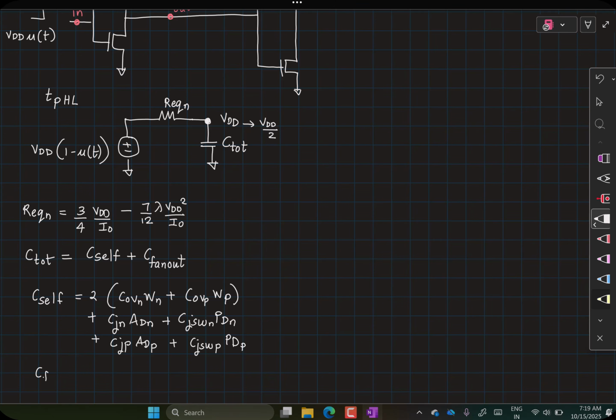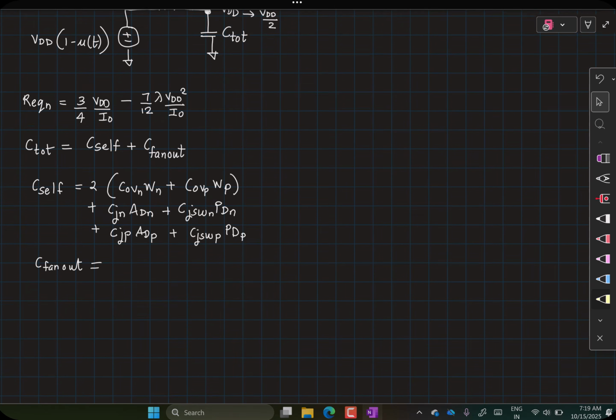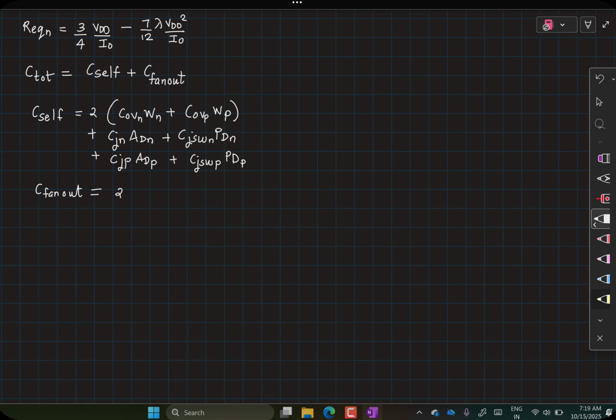The fan out capacitance is given by 2 times the overlap capacitance times the width of the NMOS transistor plus the gate to channel capacitance of the NMOS transistor given by COX WN into LN, plus the same thing for the PMOS transistor, 2 times COVP into WP plus COX into WP into LP.